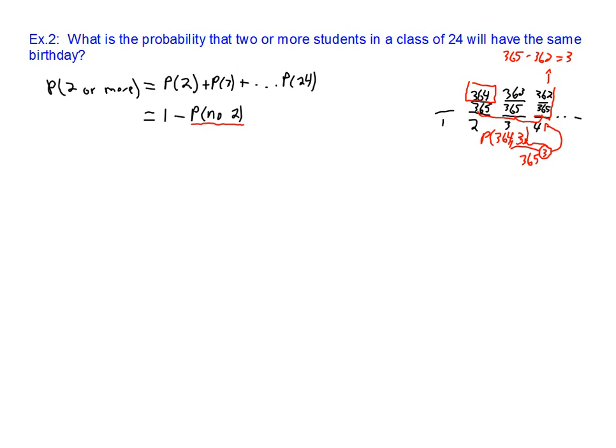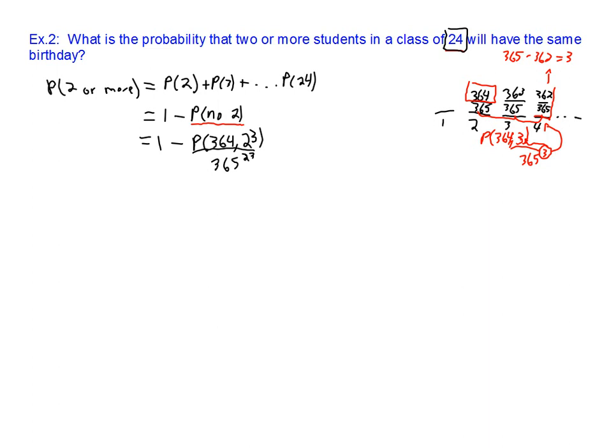In the question we're doing, we're looking at 24 people in total. So let's see if we can generalize this. I'm going to keep that 1. So the probability that no 2 people have the same birthday is going to be a permutation where we start at 364. And because we're looking at a class of 24, we need 1 less than that number, so we're going to go to 23 here, divided by 365 to the 23.